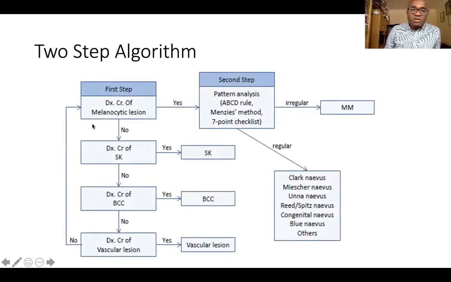dermoscopy. So in the next video, we're going to look at the second step of diagnostic criteria, where you have established from your first step that the lesion that you are seeing has all the diagnostic criteria of a melanocytic lesion, and therefore you go on to the second step.